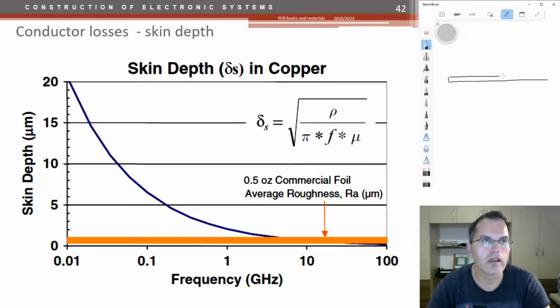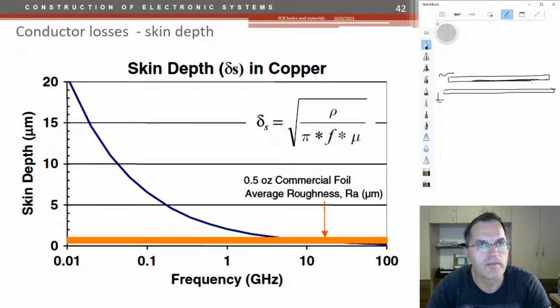You have a conductor with a signal, and here is the ground. The current flows there, and then it returns on the ground. So the current would flow just here at the surface of the conductor.